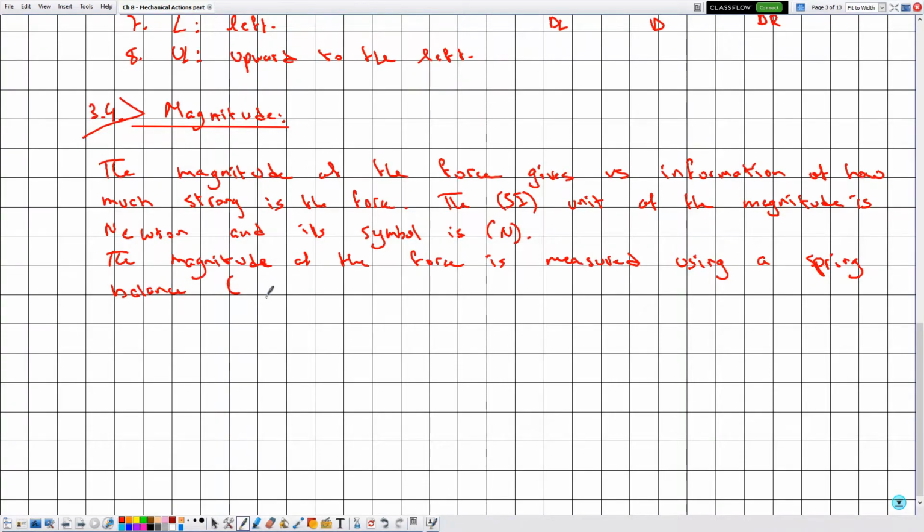This is also known as the dynamometer. Or via a certain method, as we shall see later.